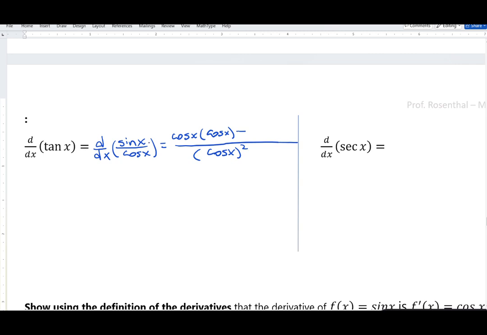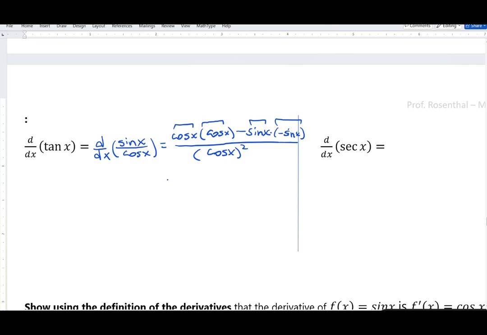So the higher one is right now sine x, times the derivative of the lower one, derivative of cosine, which is negative sine. So once again, we have low d high, less high d low, like lower times derivative of higher minus higher times derivative of lower, everything over denominator squared. But now notice you have two negative signs. So you have negative sine x times negative sine x, so that's positive sine squared.